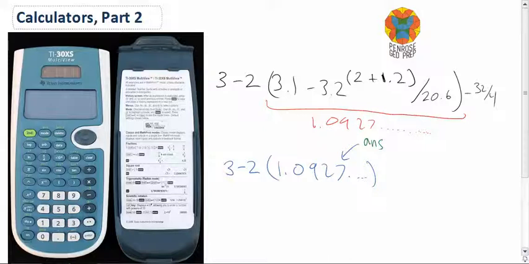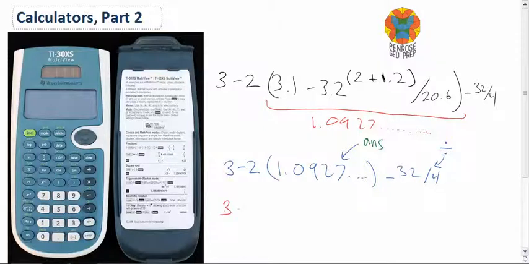We can just hit answer, and the calculator will remember everything for us. And then minus 32 over 4, and remember the slash really just means divides. This is simple enough that we can type it into our calculator now, and the calculator will do it for us, and it will be easy to see our mistakes. So let's type it in.